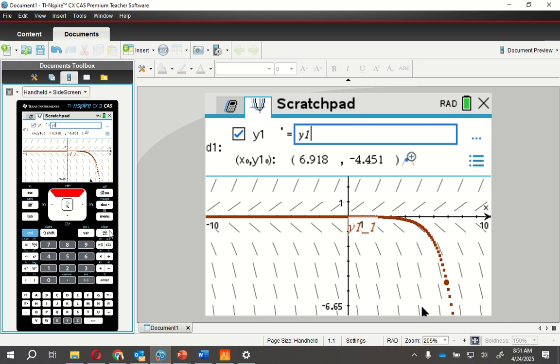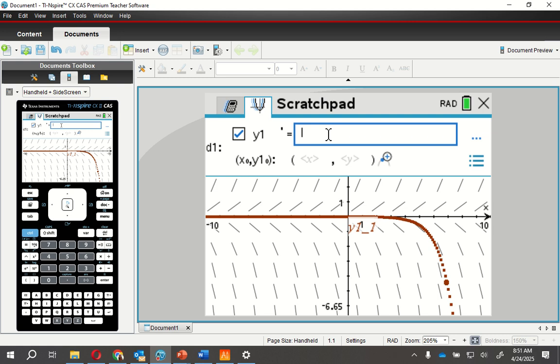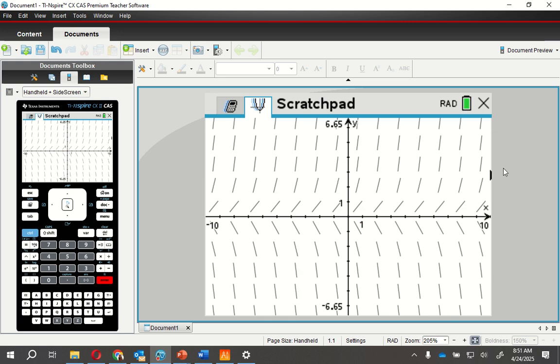And now, looking at this, so when the y is 0, how do you graph that?